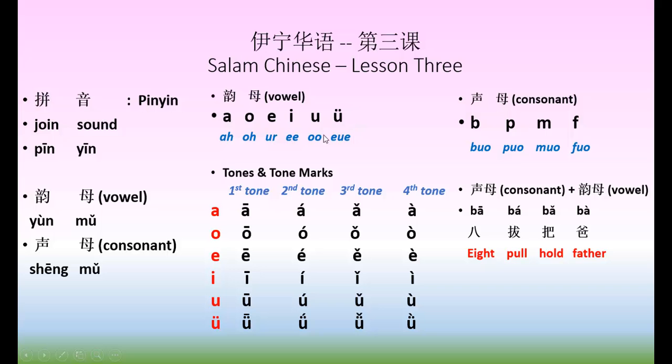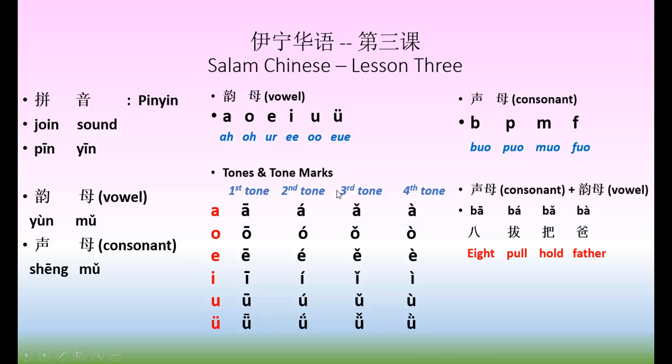Today we learned 6 different yunmu: a, o, e, u, yu. The last one, we don't have this sound in English. We also learned 4 different shengmu, consonants: bo, po, mo, fo.